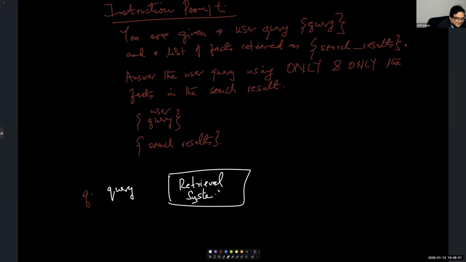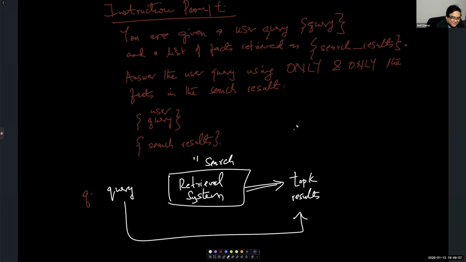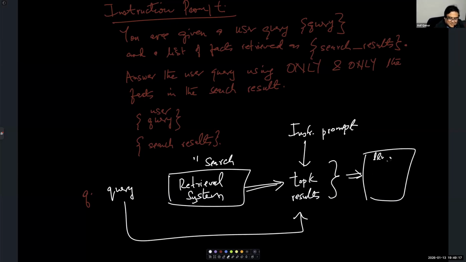And so in our code, we'll inspect that, search, and out of it comes results, top K results, which along with the user query and with the instruction prompt, together goes into the LLM to produce response.